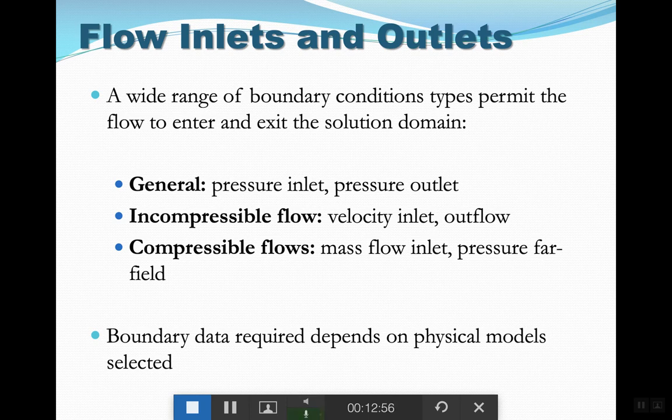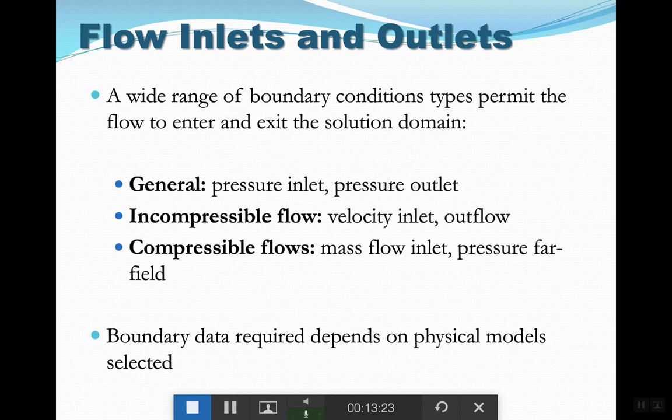Generally speaking, these boundary conditions are pressure inlet and pressure outlet, regardless of the type of flow that you have. If you are dealing with incompressible flow, which means the density is constant, you are dealing with two types, velocity inlet and outflow boundaries.